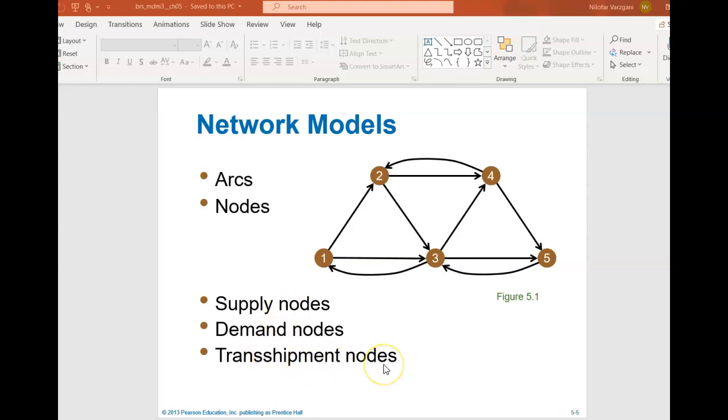A typical example of a transshipment node is a warehouse. For example, for a company like Amazon, the origin node could be the original vendor or seller of the item. They typically send their product to Amazon's own warehouse, and then from there it is shipped to the customer. So the Amazon warehouse serves as a transshipment node in this example.